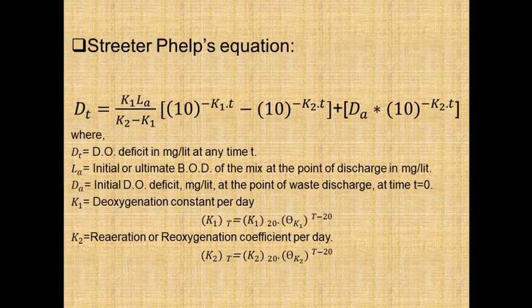This is the interaction between the deoxygenation and aeration processes, which produces a well-defined profile of dissolved oxygen that is called the oxygen sag and oxygen deficit curve. If the deoxygenation is more rapid than the reoxygenation, an oxygen deficit results.